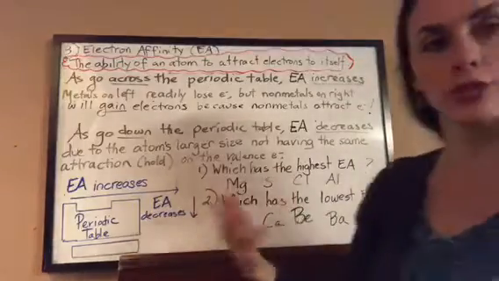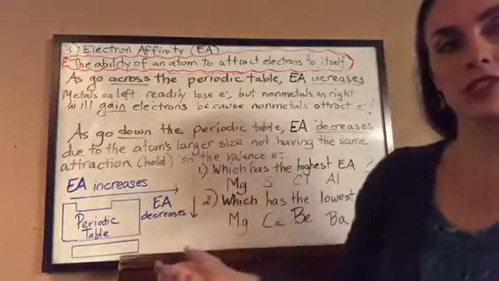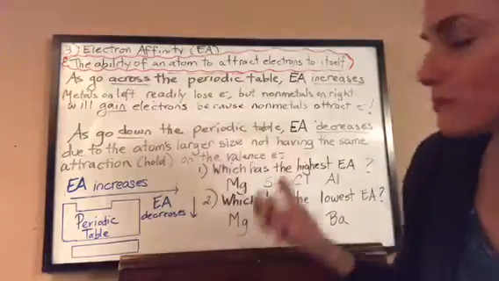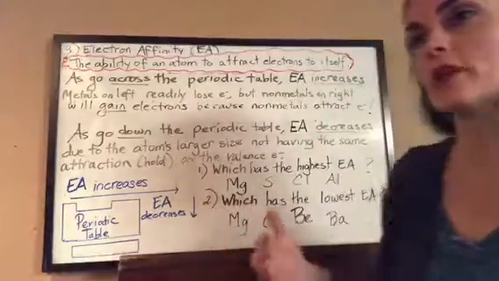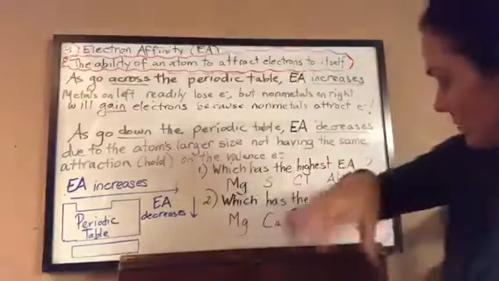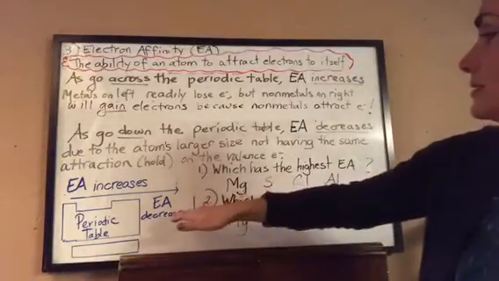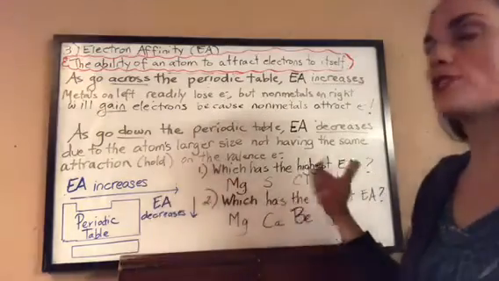A lot of these trends are interrelated. The atom's size increases. You do not have that same attraction between those outermost electrons and the nucleus. So those electrons that are on the valence shell, the outermost sublevel, don't have that same affinity.